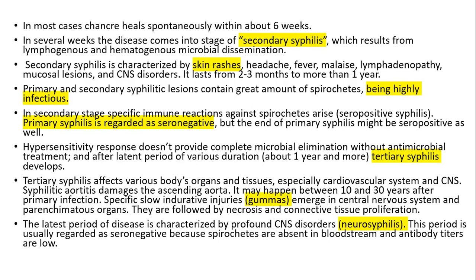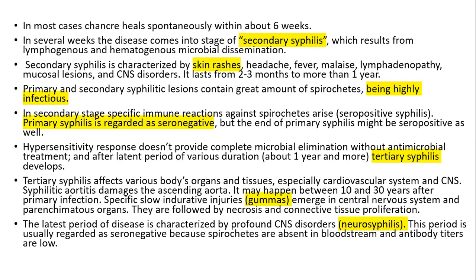Tertiary syphilis affects various body organs and tissues, especially the cardiovascular system and CNS. Syphilitic aortitis damages the ascending aorta. It may happen between 10 and 30 years after primary infection. Specific slow indurative injuries, gummas, emerge in the central nervous system and parenchymatous organs.